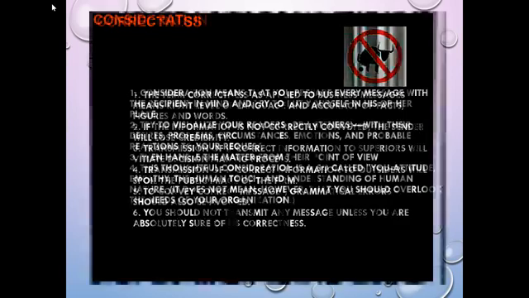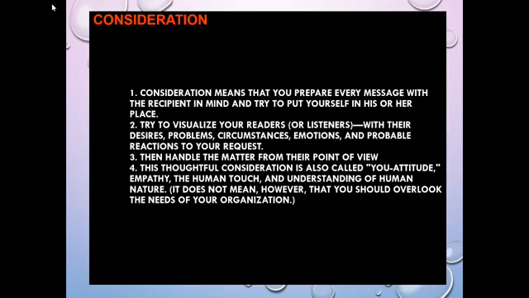Be correct. Considerate. Respect the person. The person who is listening to you is more important than you. His or her ideas, point of view, likings and dislikings are more important than yours. Remember the fishing formula. When you go for fishing, you think about the fish.